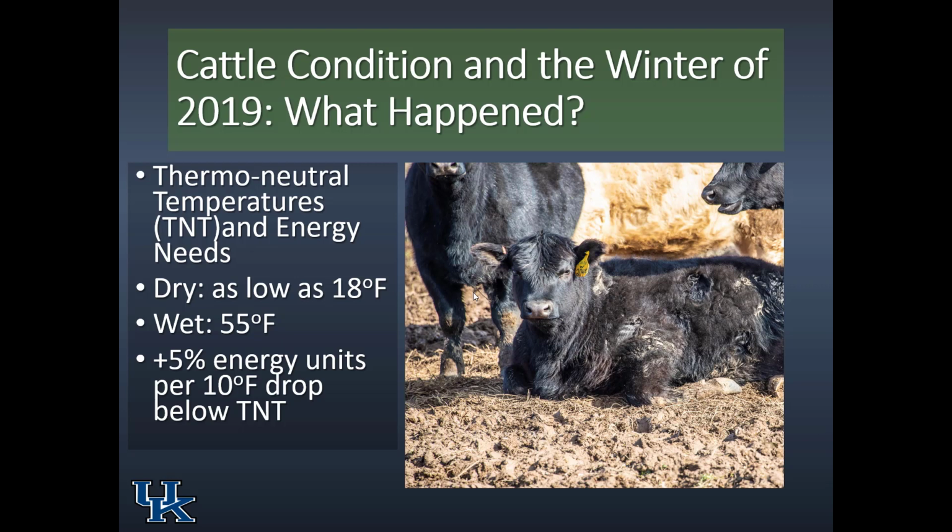So what happened in the winter of 2019 was we had cold, wet, rainy weather. The mud actually makes that worse. It takes more energy for them to move through a muddy feeding area. And what ordinarily would have been adequate in terms of hay quality was not. And animals lost body condition, which caused us a myriad of problems.